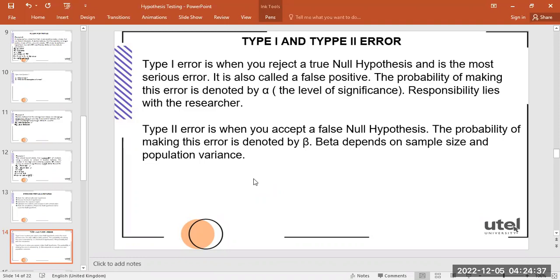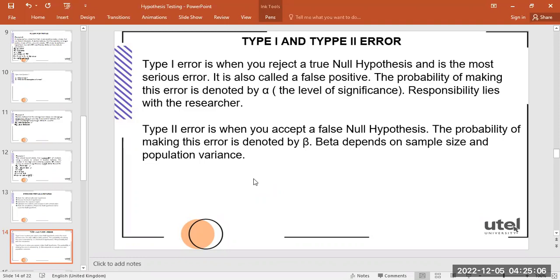This error is also referred to as a false positive. Generally, the probability of making this error is denoted by alpha, which is the level of significance. It is the probability of a researcher rejecting a null hypothesis when in fact it is actually true.